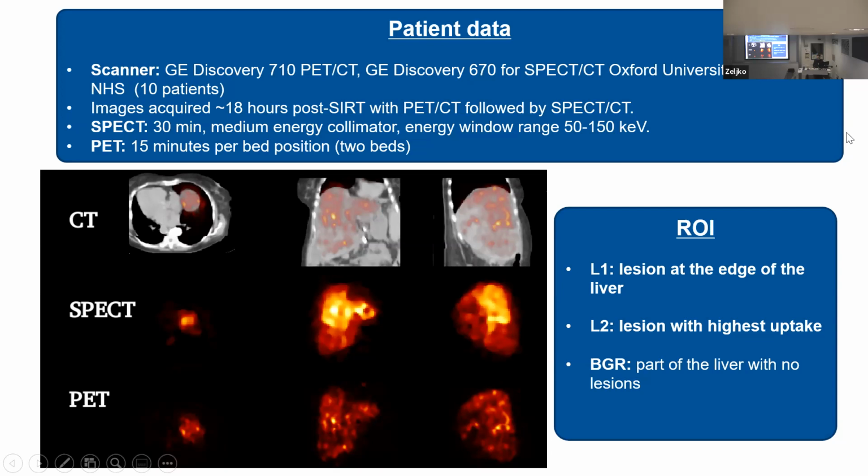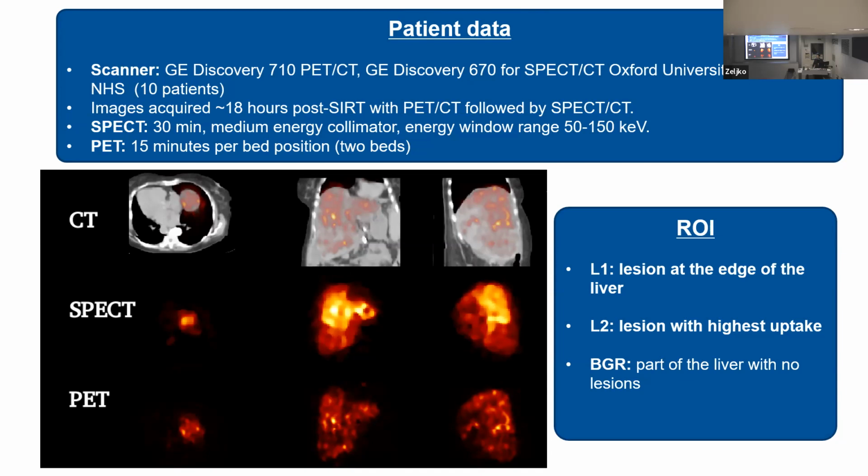These patients were treated with SIRT, and the data was acquired after 18 hours of the treatment, starting with 15 minutes per bed position of PET, using 2 bed positions, and then a 30-minute acquisition of SPECT using a medium energy collimator and energy window between 50 and 150 keV.